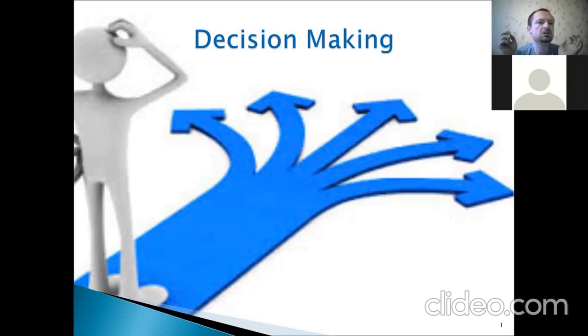If you don't have more than one way to do something, to complete some activity, to perform some task, to attain some objective, it's not possible to make a decision. It's quite obvious.